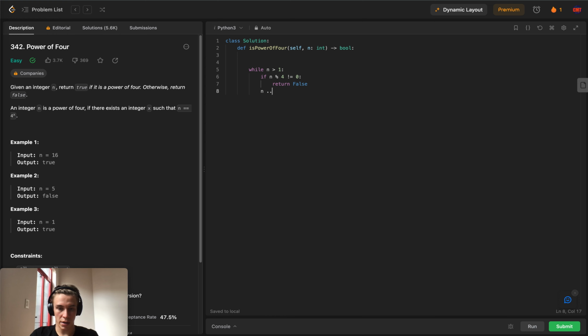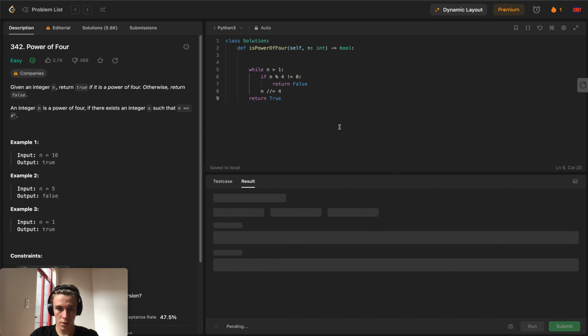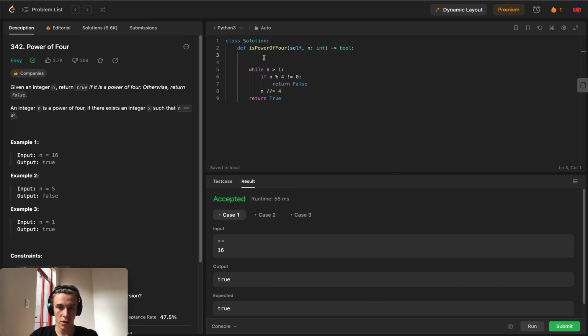And here we say n divided by 4 and return true. So this is the code that they had, except they had that initial condition where if n is less than or equal to 0, return false.